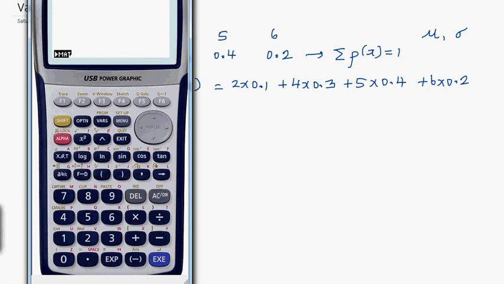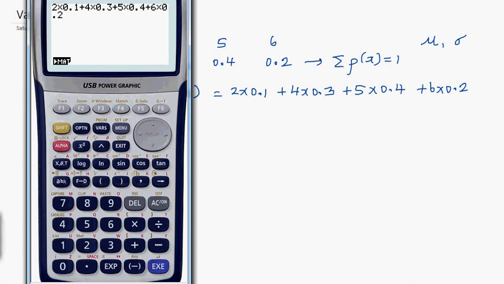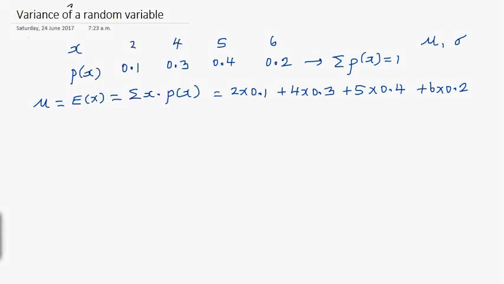So 2 times 0.1 plus 4 times 0.3 plus 5 times 0.4 plus 6 times 0.2 is 4.6. So the expected value, or the mean, is 4.6.